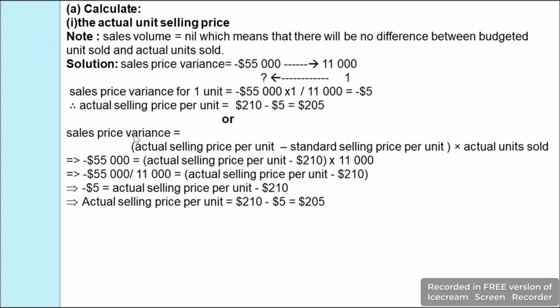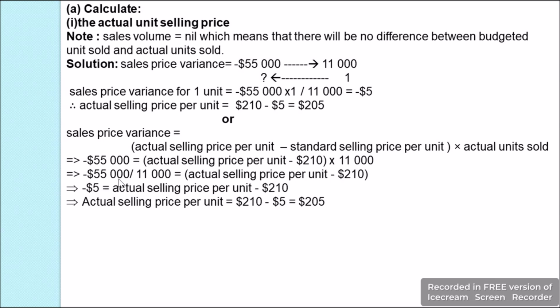That is, sales price variance will be equal to the actual selling price per unit minus the standard selling price per unit, times the actual units sold. So sales price variance is given as negative $55,000, that is adverse $55,000, which will be equal to actual selling price per unit minus the standard selling price per unit, which will be the budgeted selling price, given as $210, times 11,000. Now we will transpose this 11,000 to the other side where it will be in division.